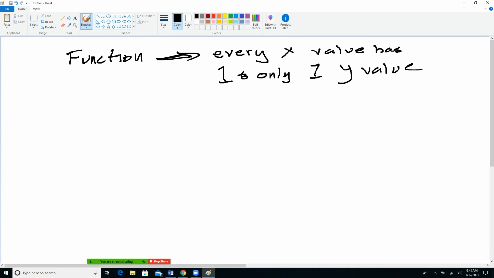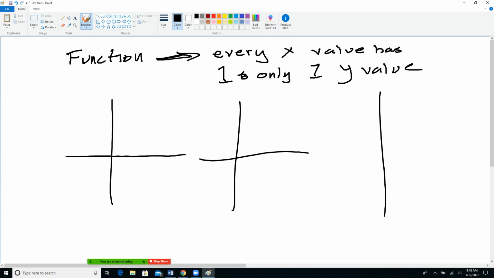So here are examples of functions. This is a function. This is a function.